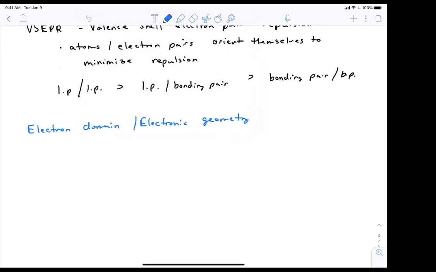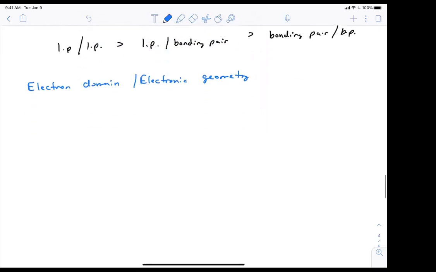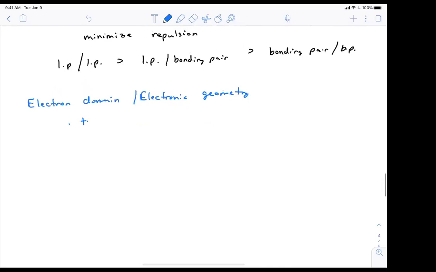Electron domain / electronic geometry treats all electron pairs the same, meaning that it doesn't matter if it's a bond or a lone pair, they're all treated the same. They're all pairs, and we're looking at how they are shaped around the central atom.